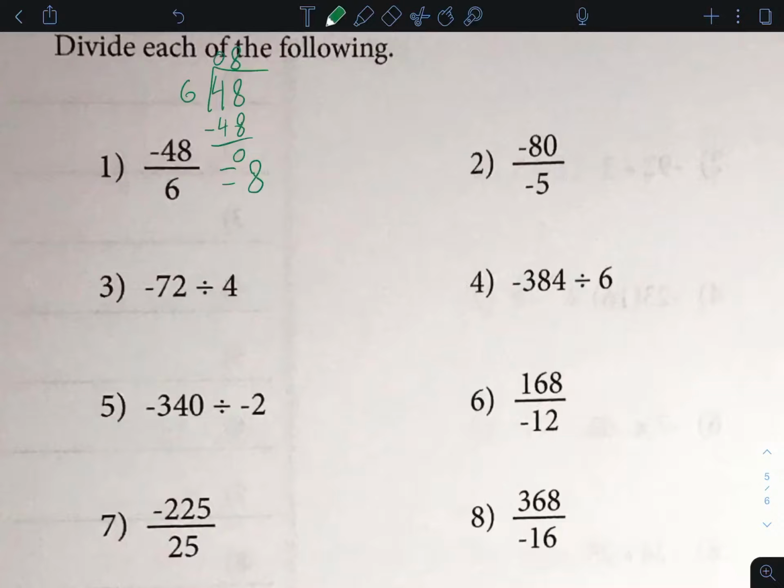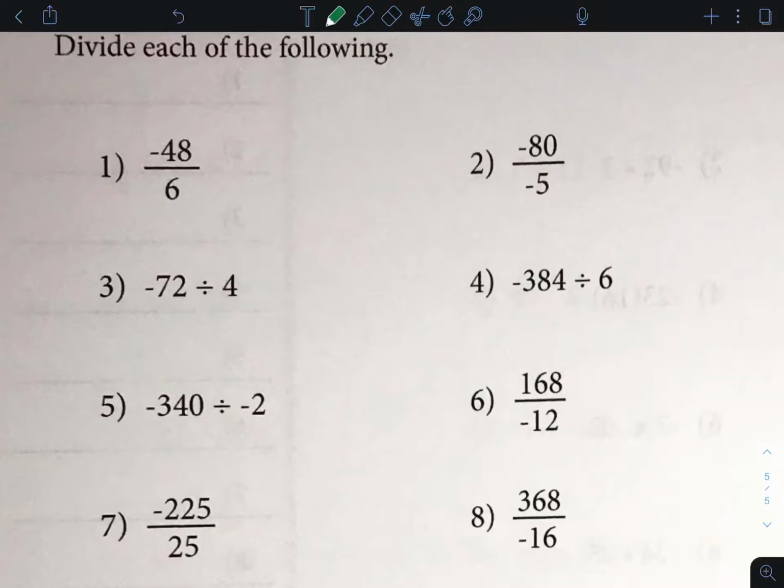I think that way is sometimes more difficult, just because you have to remember, does this really divide into that? So my preferred way is, if you have a fraction, that means negative 48 is being divided by 6, you can find out what's in common.